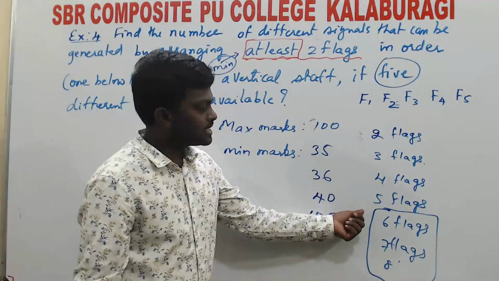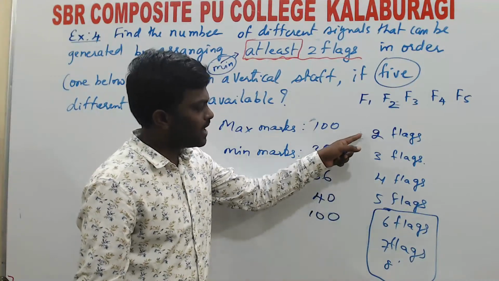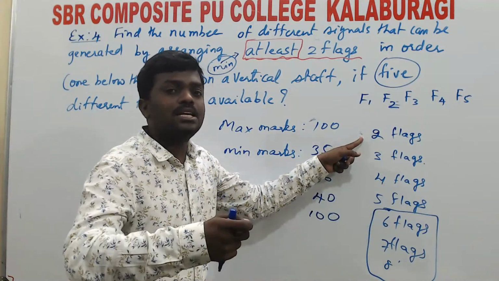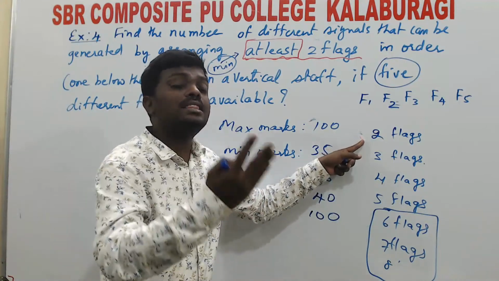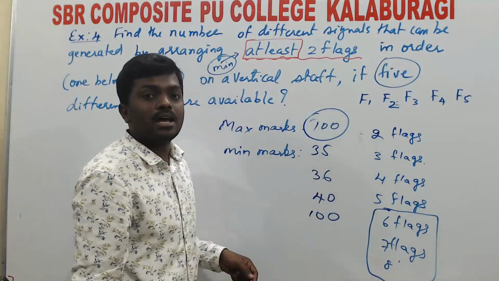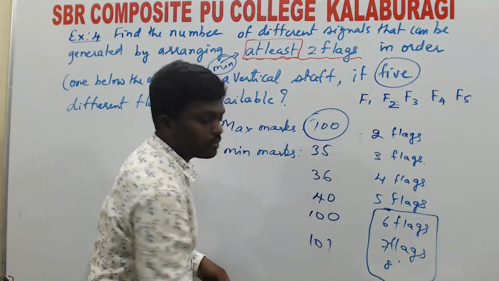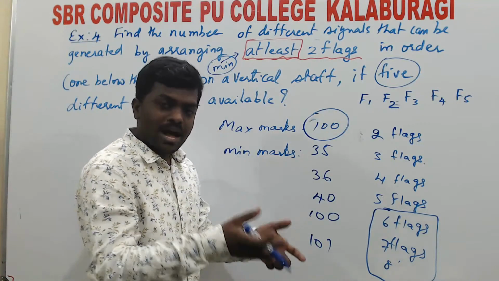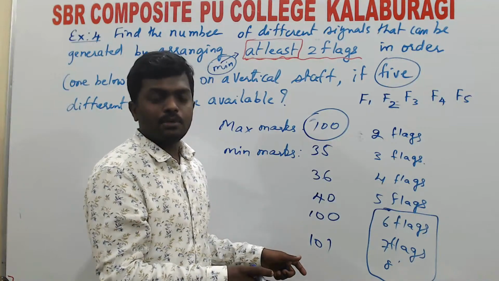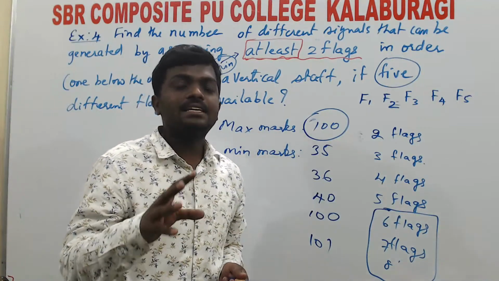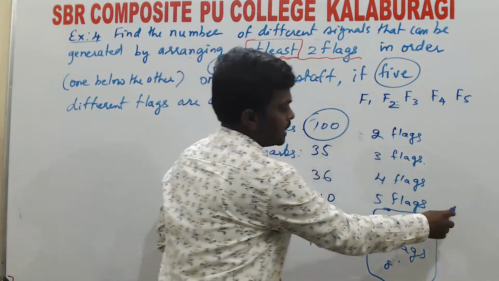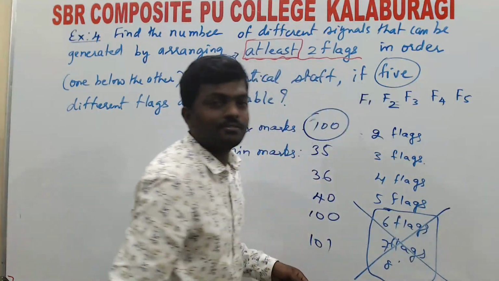Okay, so just understand here. Fine, I have told you passing marks are minimum 35, but it can be more than 35 also, but you cannot cross the maximum marks, right? You cannot say 101, right? The marks available are only 100, so up to 100 only is possible, and the flags given here are only 5 flags, so you cannot proceed above more than 5.